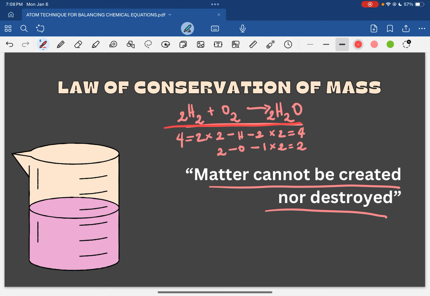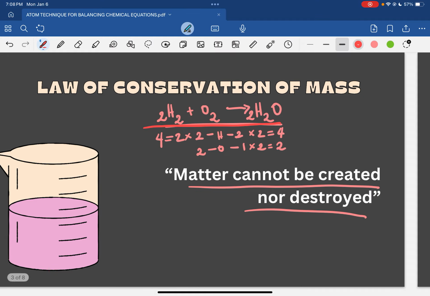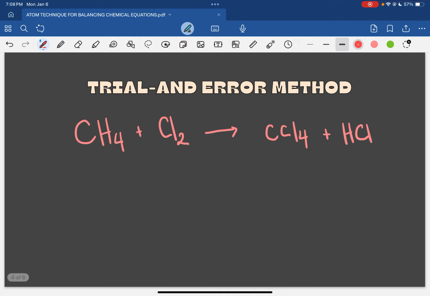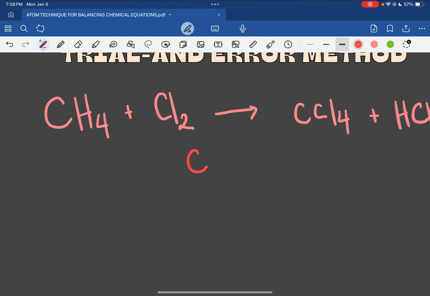What I showed you is actually a very common method of balancing chemical reactions known as the trial and error method. When we are balancing different unbalanced chemical reactions, we are trying to think of coefficients that will somehow balance the atoms on both sides per element. For example, we're going to write each of the elements here: the carbon, the hydrogen, and the chlorine.